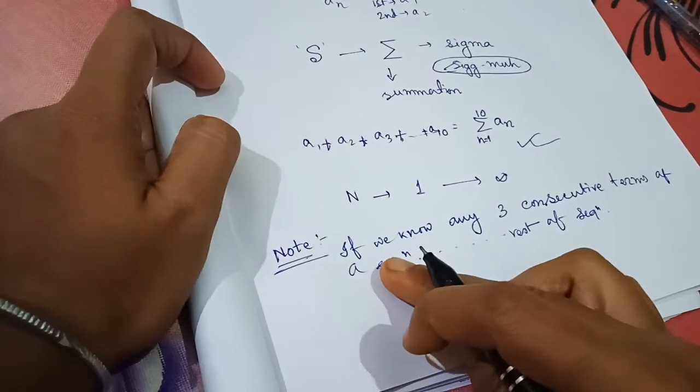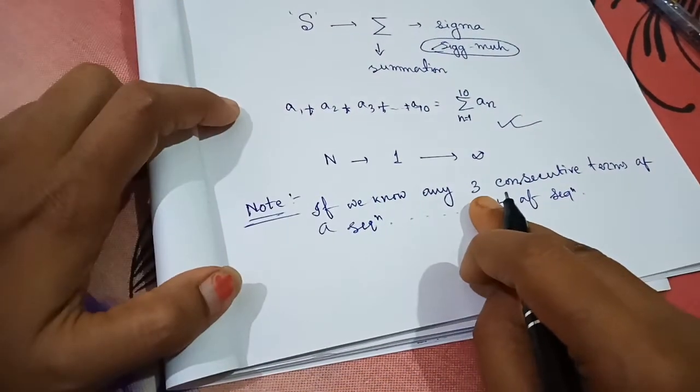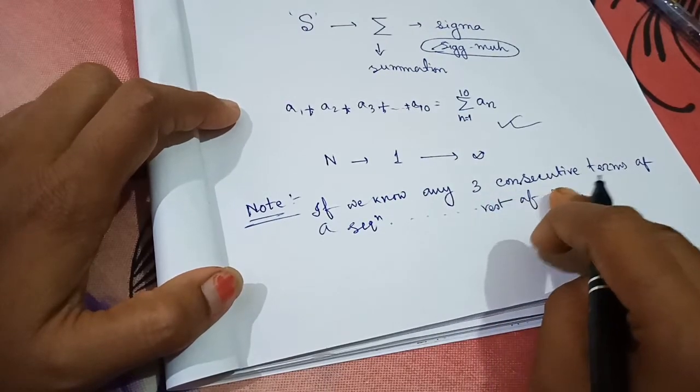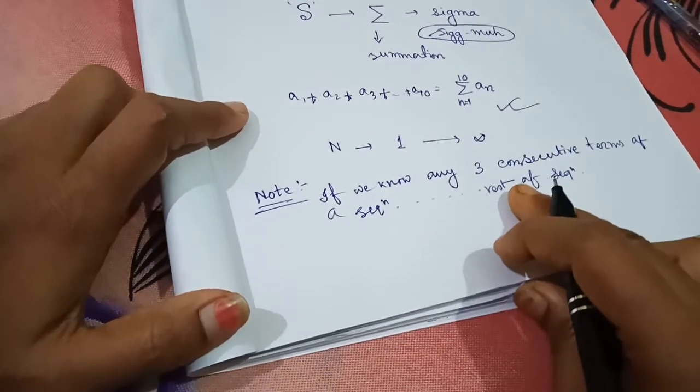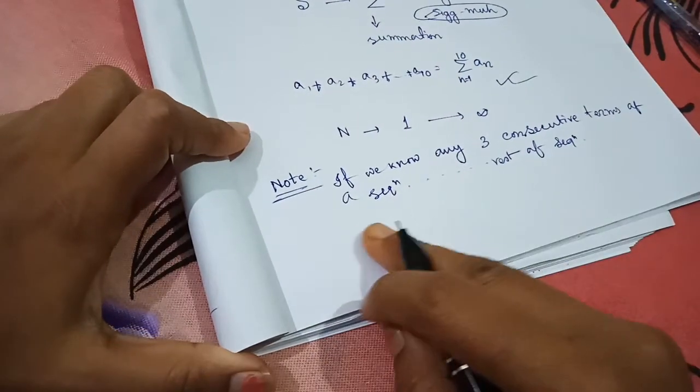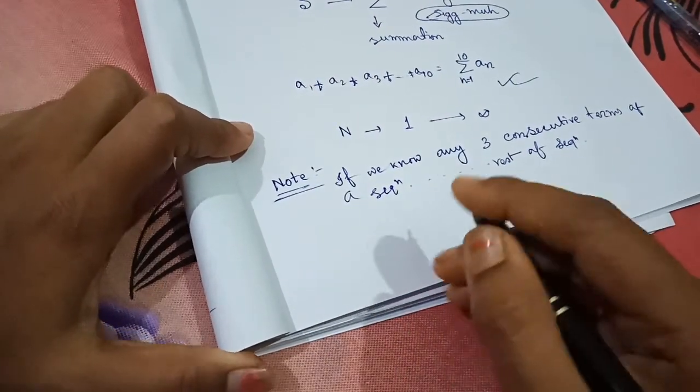If we know at least any three consecutive terms of the sequence, then we can find out the rest of the sequence in the same order.